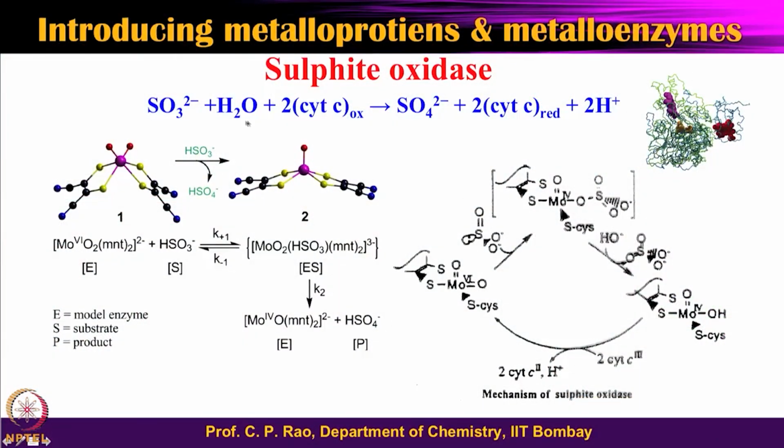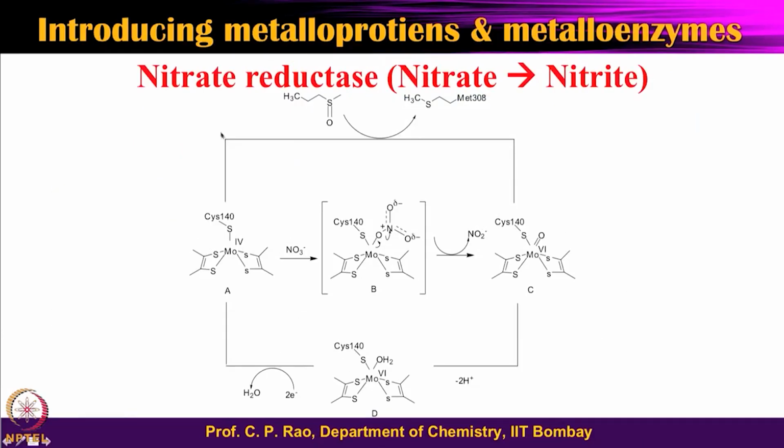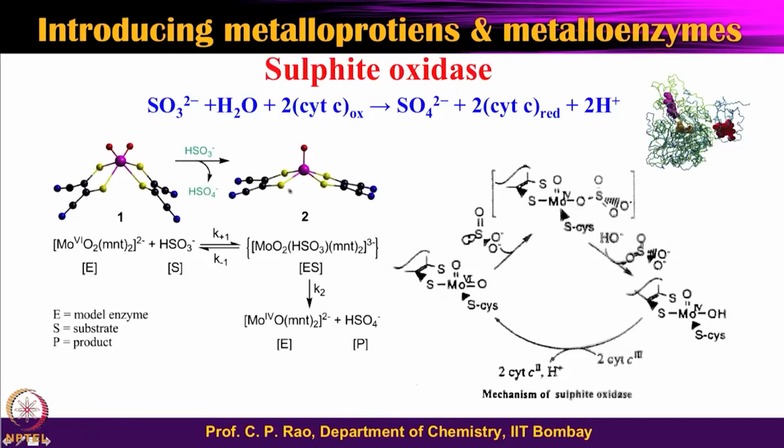Okay, let us look at another example, which is sulfite oxidase. Okay. So, in the previous case we looked at nitrate becoming nitrite. In this case sulfite becoming sulfate. So, it is an oxidase, that was a reductase. This is from a model complex. Okay. So, this ligand is referred to as MNT dithiolate complex.